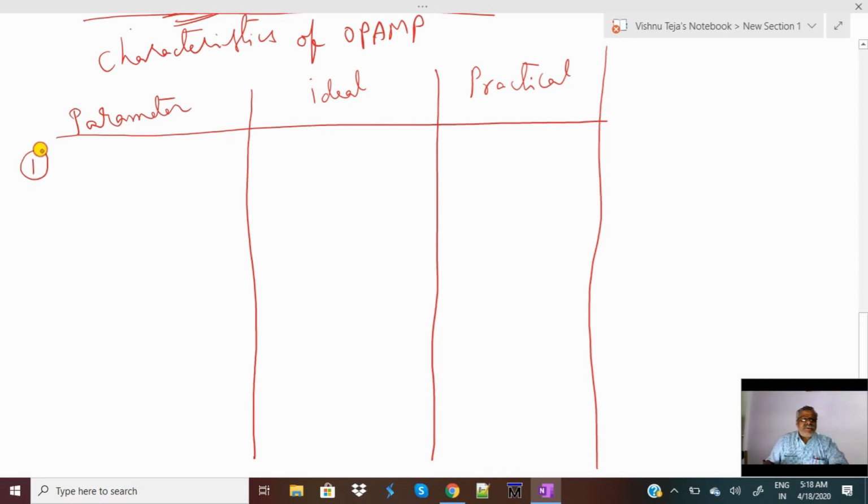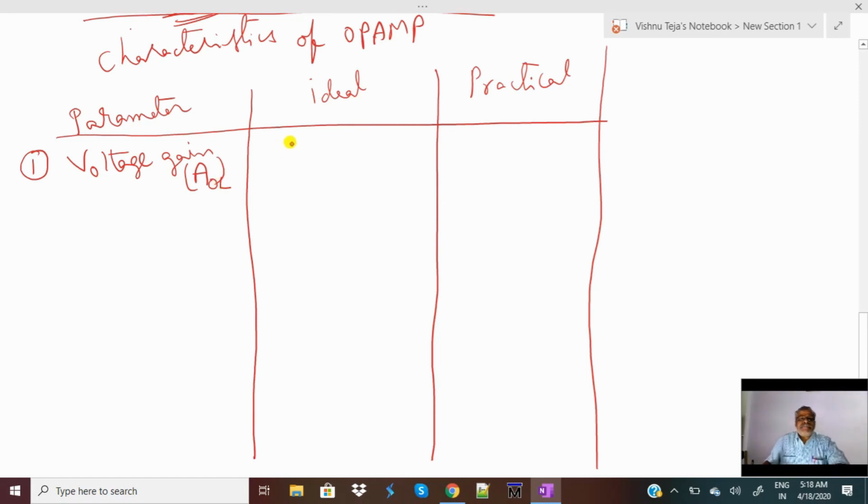The first one is voltage gain, because for any amplifier, the gain is important. For an operational amplifier, voltage gain is generally represented with A, open loop voltage gain or AOL. You can also represent it like this.